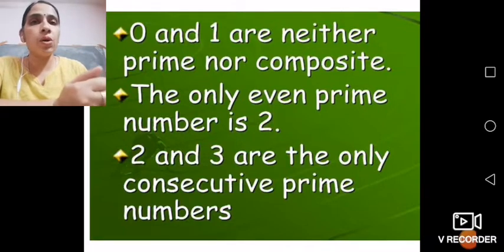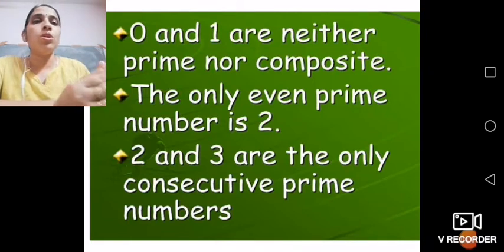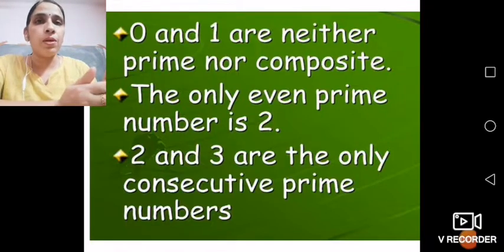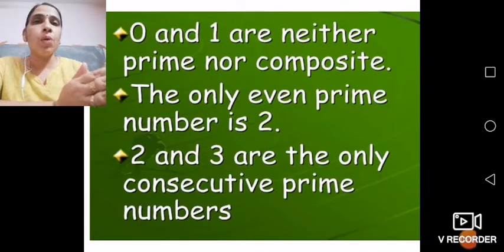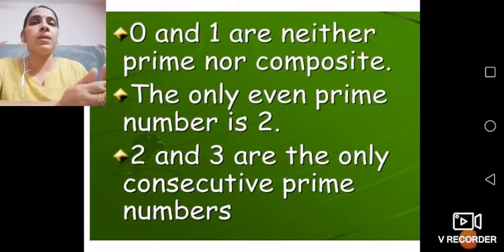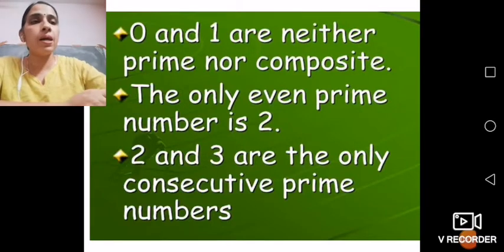So that is called consecutive. 2 and 3 are the only consecutive prime numbers. So this is an introduction of prime numbers and composite numbers. Now let's see the questions related to prime and composite numbers and what is prime factorization, that we will see. So let's start.